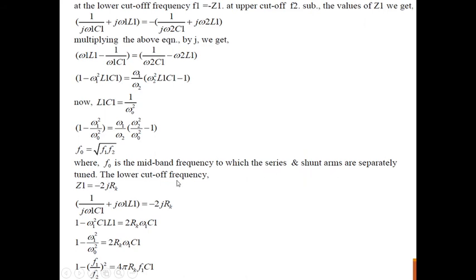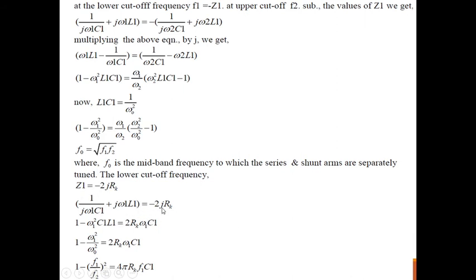Then at the lower cutoff frequency, Z1 should be equal to -2 jRk. Then the values are like this: 1 divided by j omega 1 C1 plus j omega 1 L1 should be equal to this value, because this is the Z1 value. So we substituted like this.